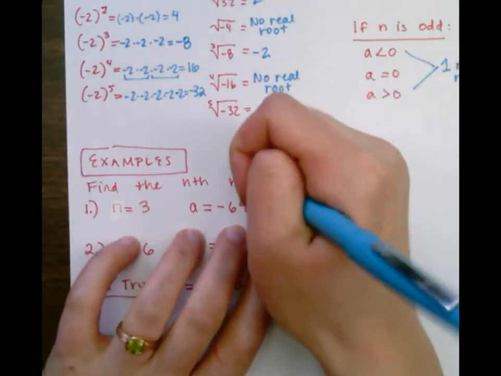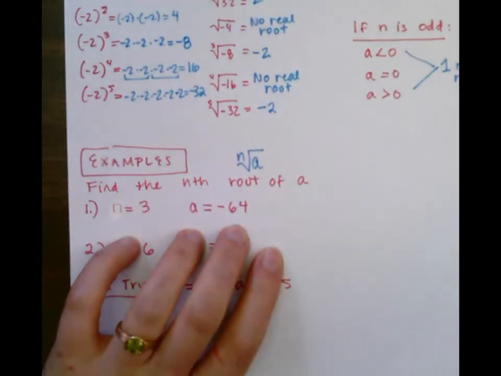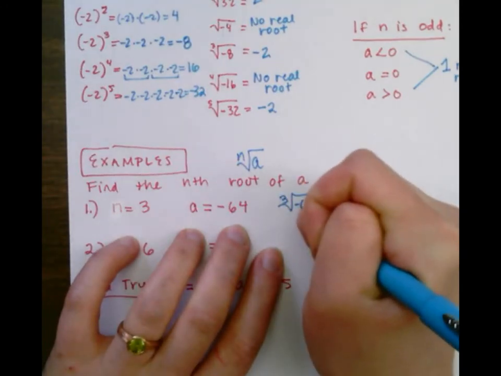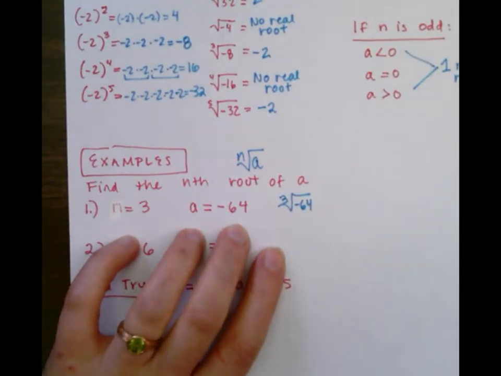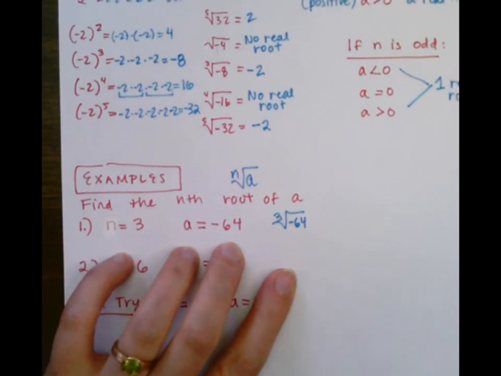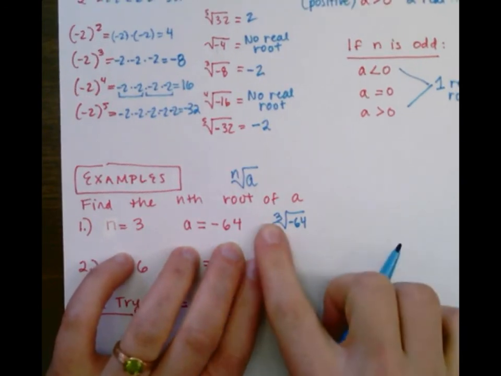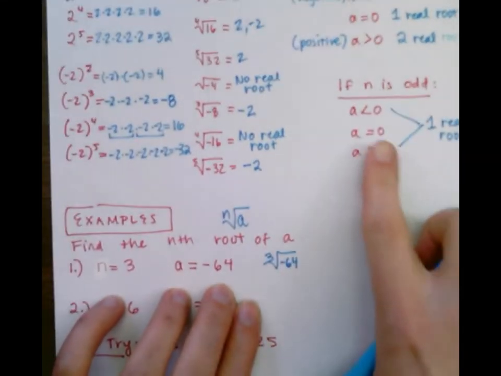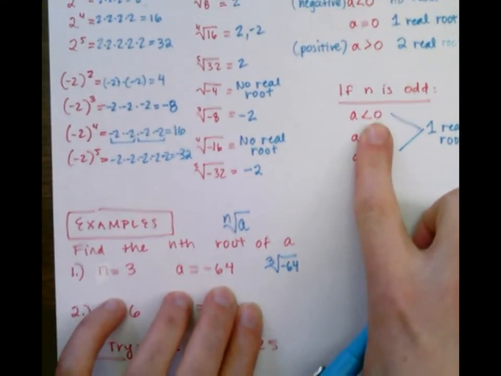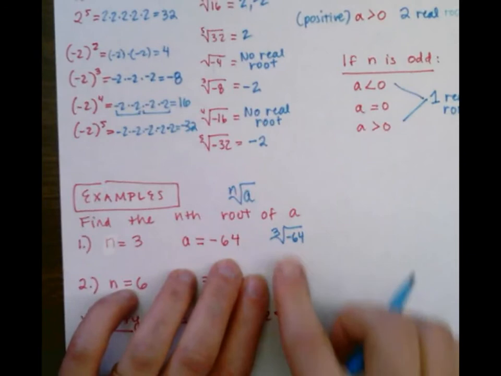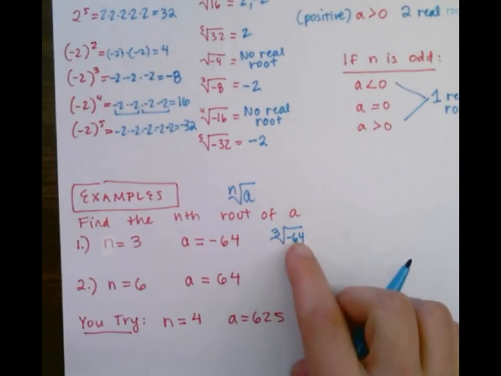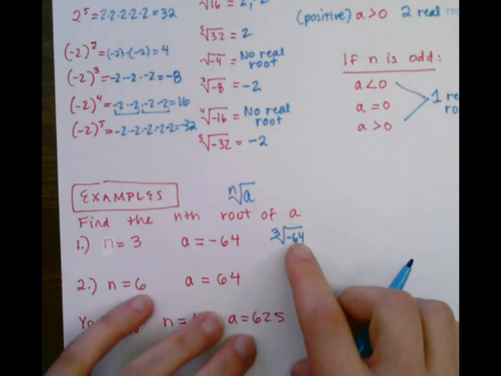So remember the nth root of a, so that would mean the cubed root of negative 64, right? And now again, I have an odd n and a negative a. I'm expecting it to just be one real root, and I should expect it to be something negative, right? Because I'm multiplying something by itself 3 times. So if it turns out to be negative, then that number better be negative to begin with.